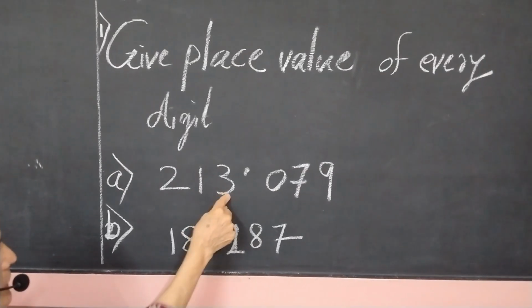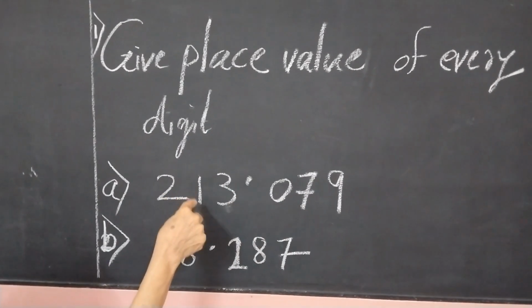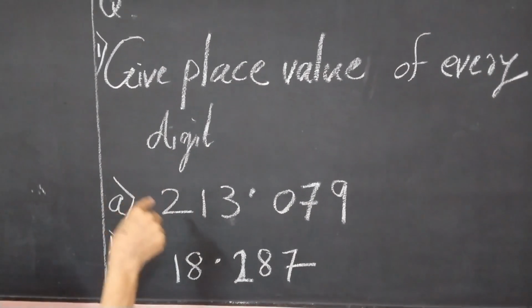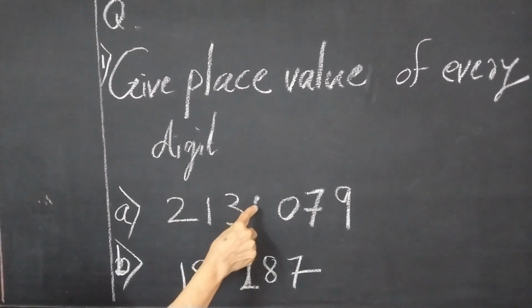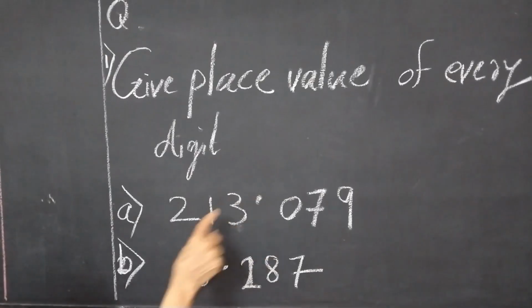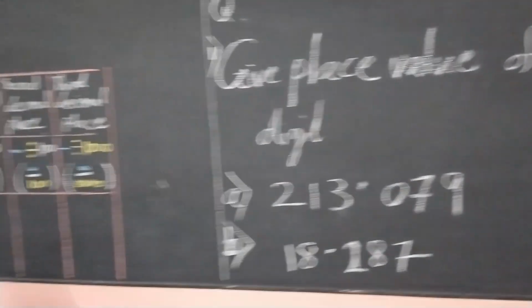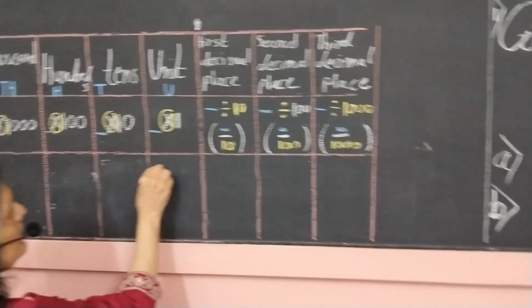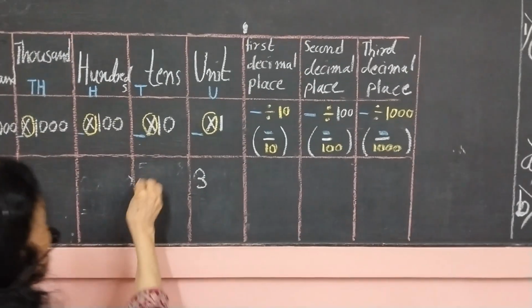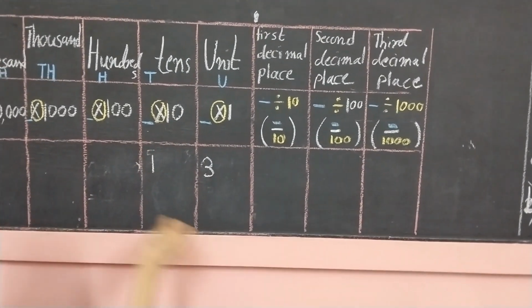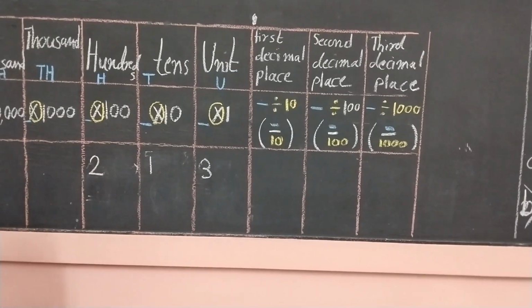Here this is the unit. This is the tens place and this is the hundreds place because the decimal point lies here. So we have to write 3 under unit, 1 under tens and 2 under hundreds.